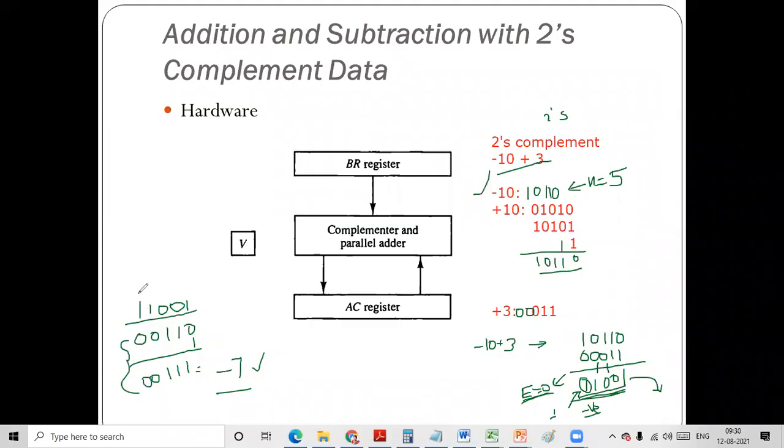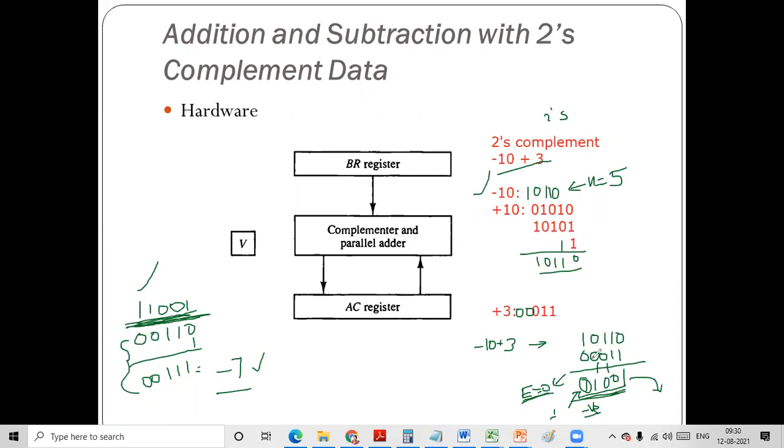Okay, is that correct? Minus 10 plus 3 is minus 7. Minus 7 is represented as 11001 in its 2's complement way because it is a negative number. Since my inputs are in 2's complement representation, the output will also be in 2's complement representation. So your output register, which holds the result, gives you 11001.